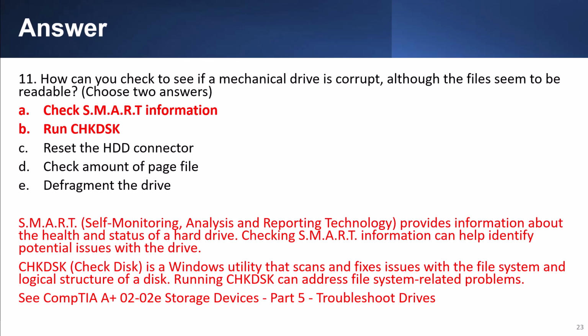SMART, short for Self-Monitoring, Analysis, and Reporting Technology, provides information about the health and status of a hard drive. Checking SMART information can help identify potential issues with the drive. Check disk is a Windows utility that scans and fixes issues with the file system and logical structure of a disk. Running check disk can address file system related problems.